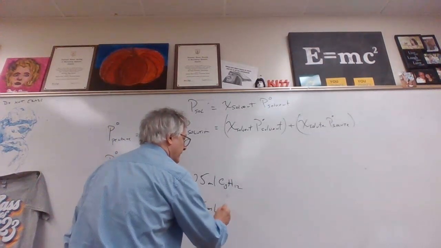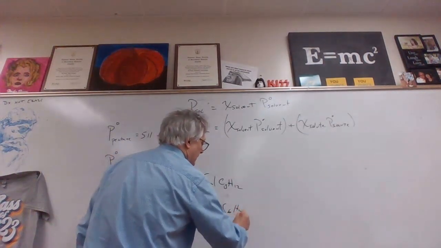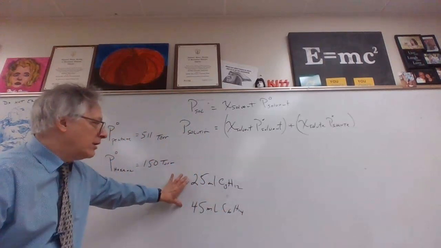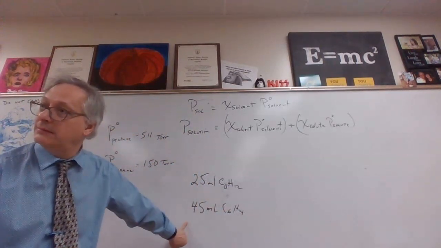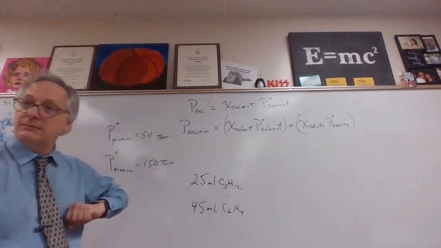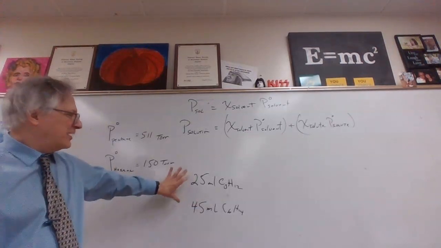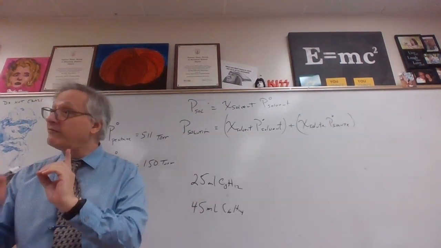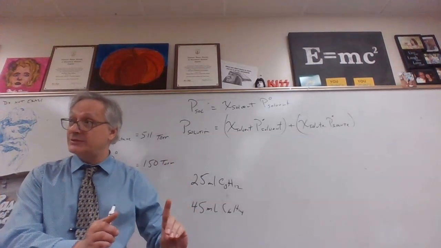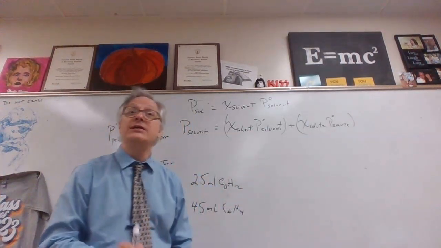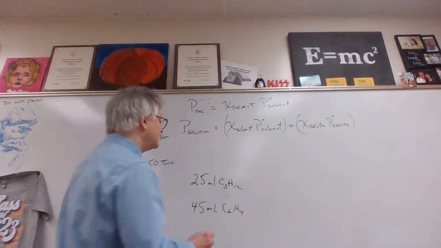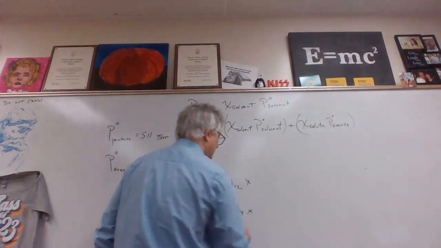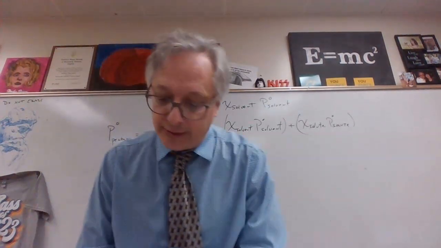So we know that we've got more hexane than we do pentane, but we have milliliters here. If you have milliliters and you want to get to grams so we can get to moles, we need to use the density.